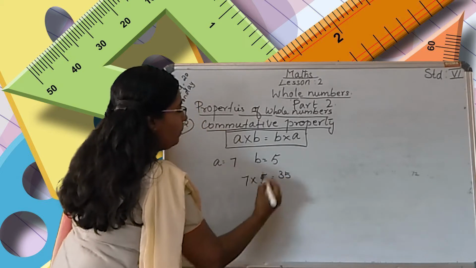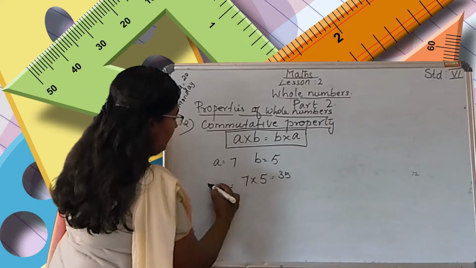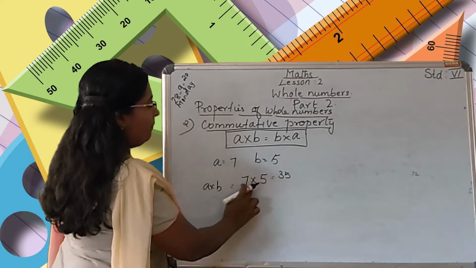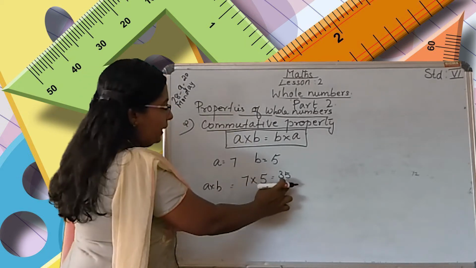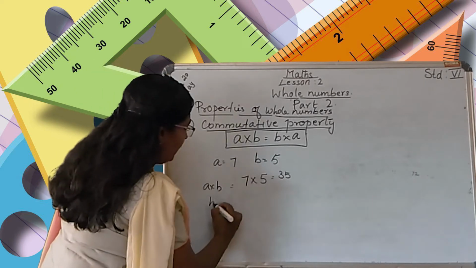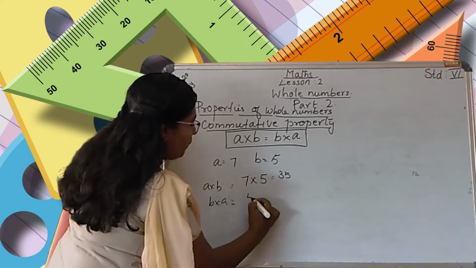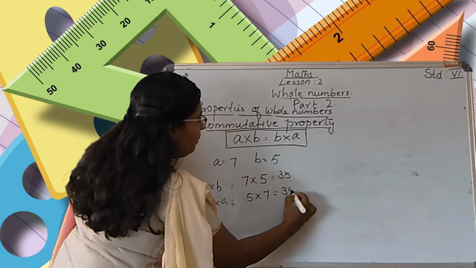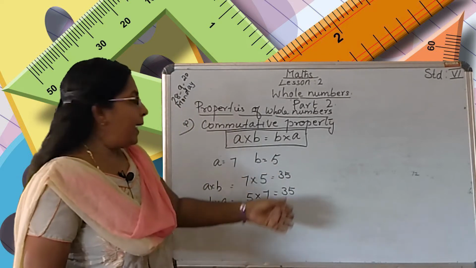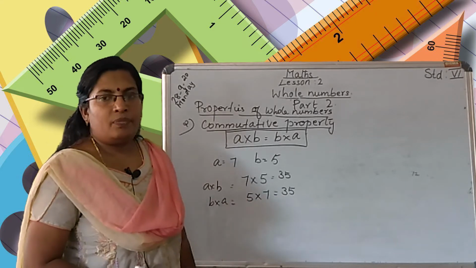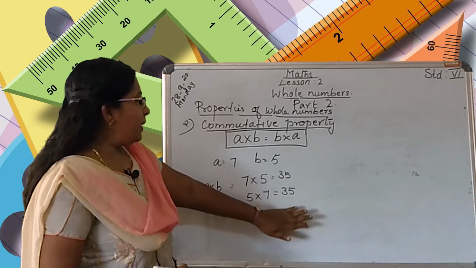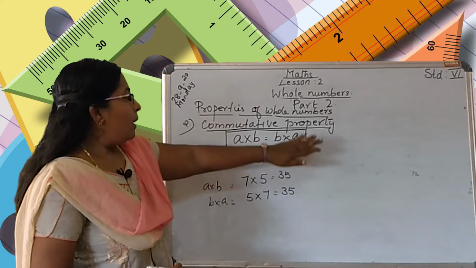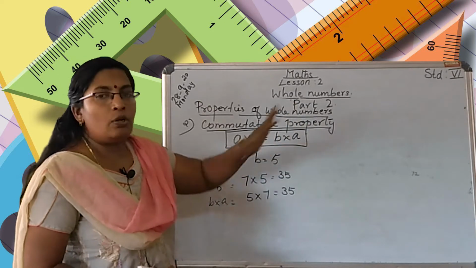Change. B into A. A into B is 7 into 5, 35. Then B into A, that is 5 into 7, 35. Both the answers are same. Here multiplication comes under the commutative property.